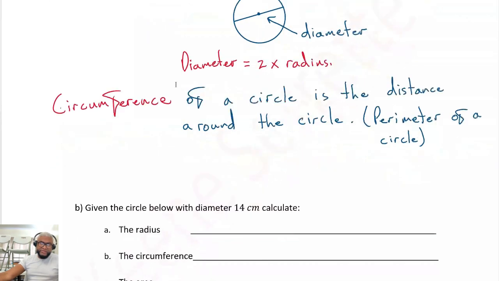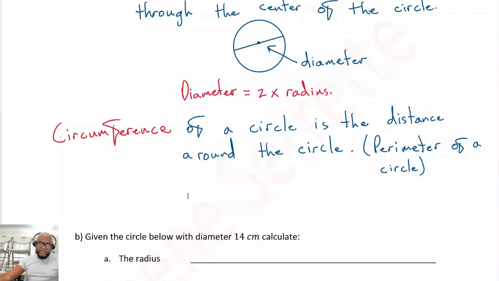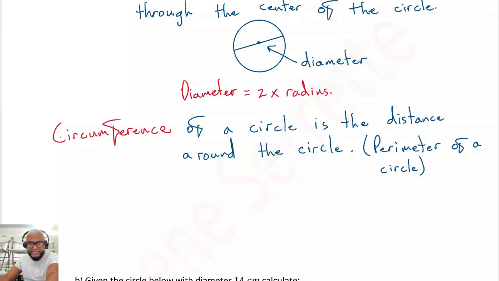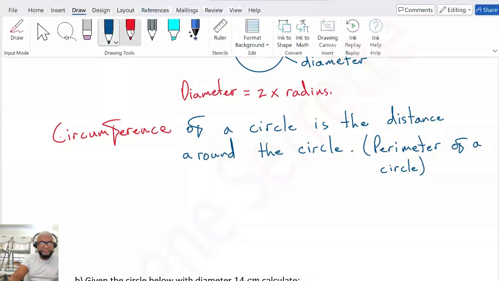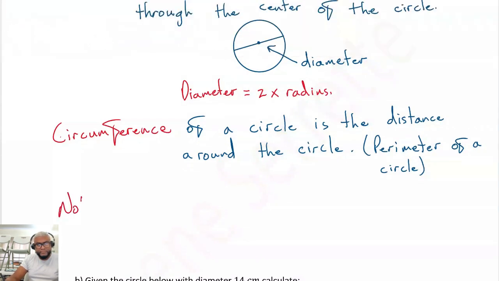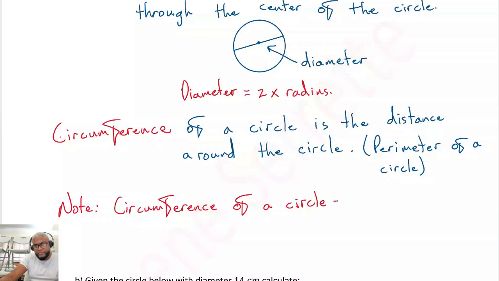Everybody's supposed to know what area means. Area means the space inside, right? So I'm going to give you two formulas here. Circumference is equal to 2 pi r, right?